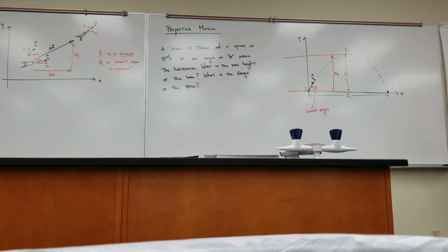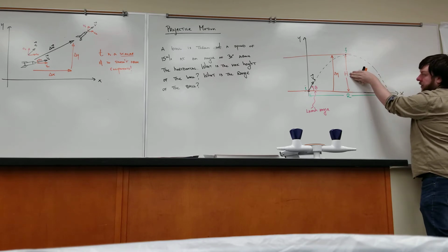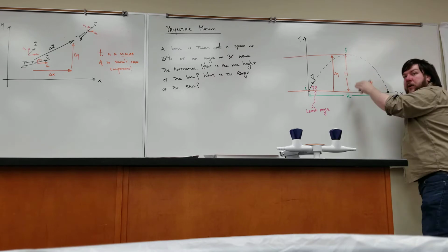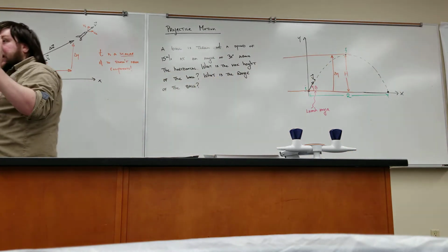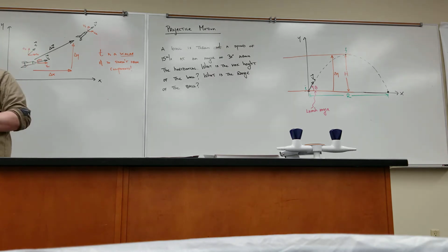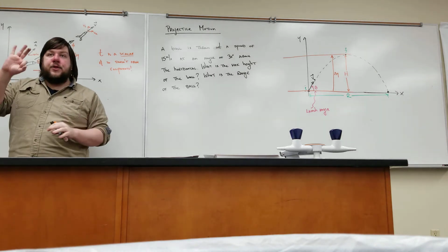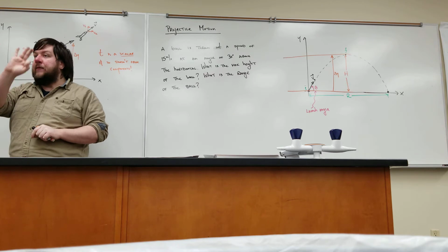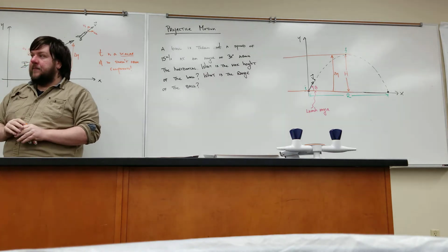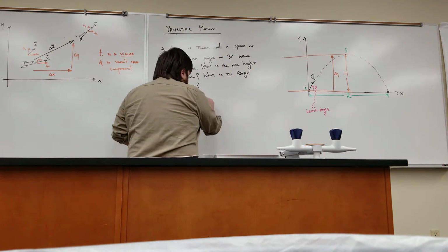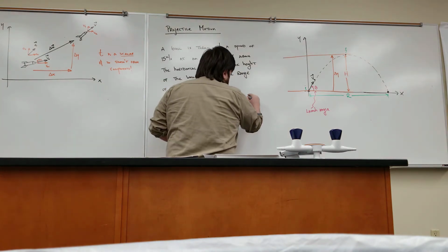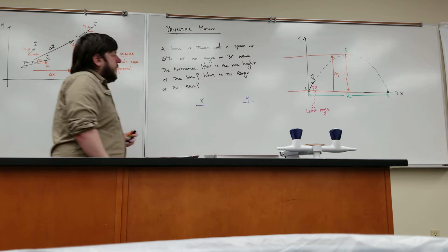Now that we've chosen an initial point and a final point, that will allow us to solve for our variable. We need to consider the x and the y directions separately, and we need to find 3 variables in each direction if we want to solve for each direction. So let's imagine the x direction and the y direction.